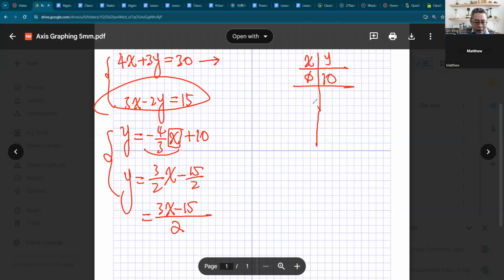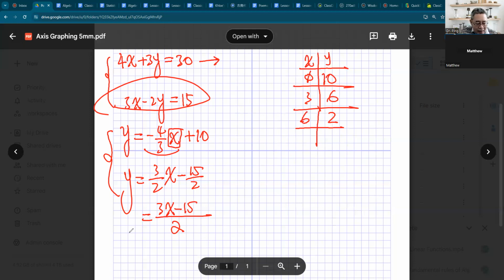So I pick 3 here, and that gives us negative 4 plus 10, that's 6. Then I pick 6, then 6 divided by 3 is 2, times negative 4 is negative 8, plus 10 is 2. So we got 6 there.